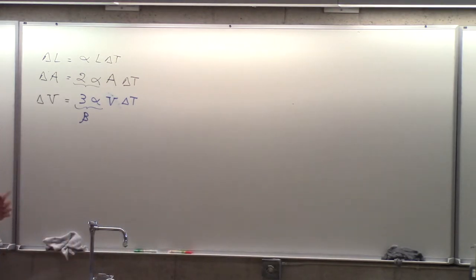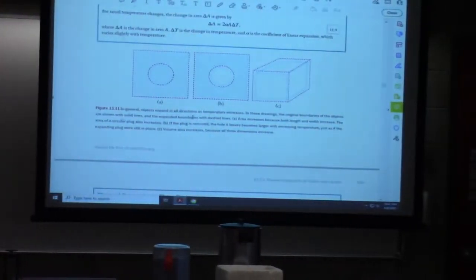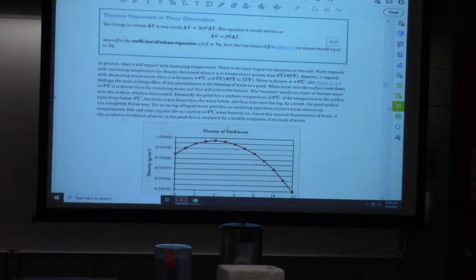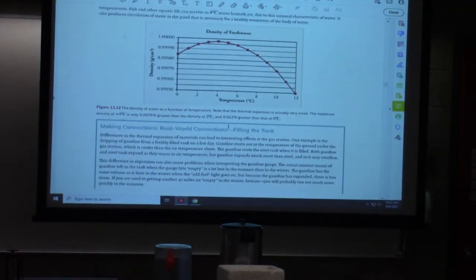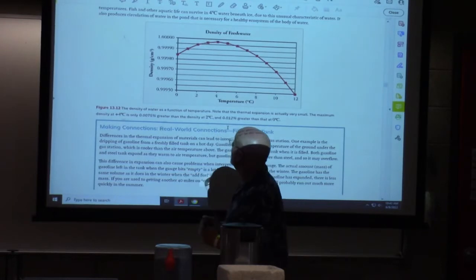Now, I also should probably say something, that your author does a good job in the figure. It looks like he's got figure 12 here. Be very, very careful with what I am saying versus a phase transition. Here in figure 12, your author shows you a graph of the density of water.